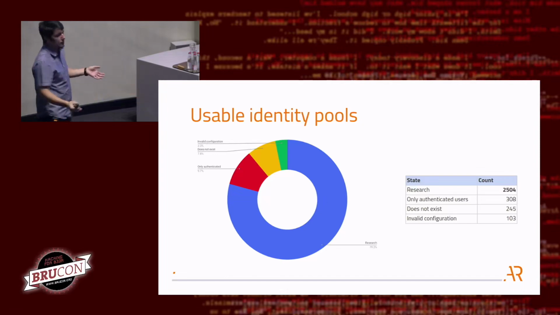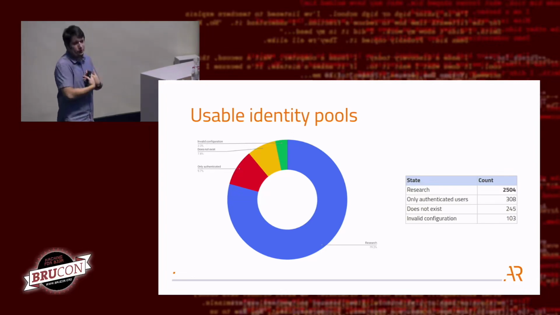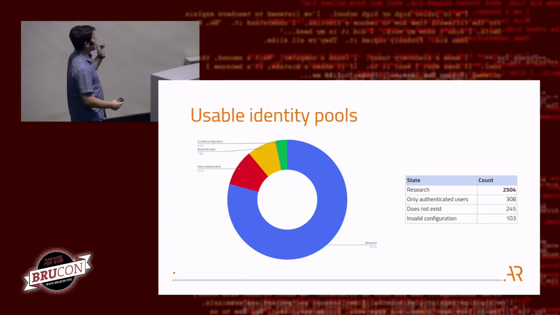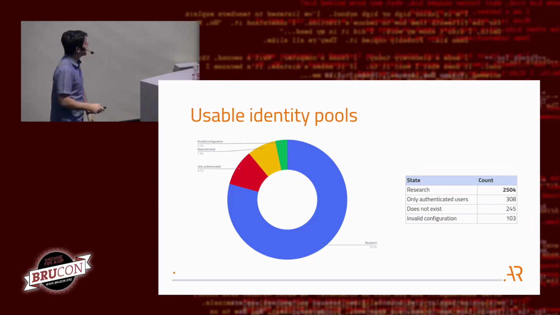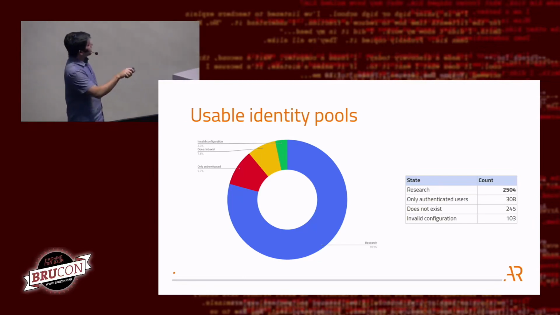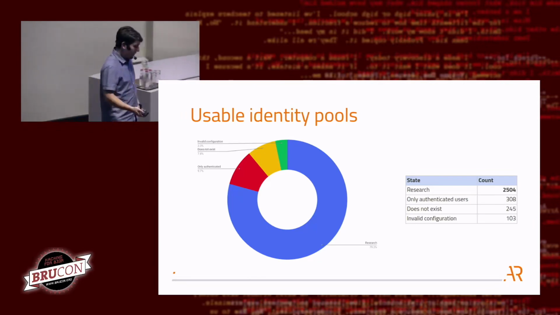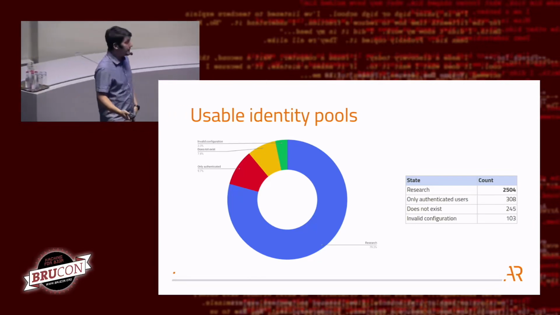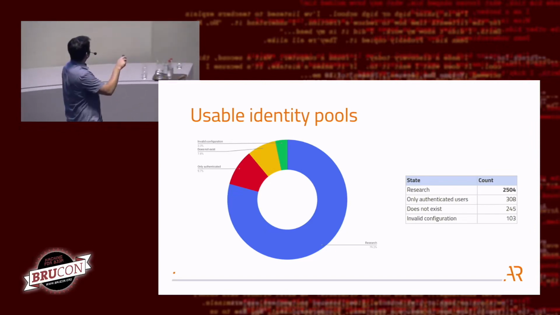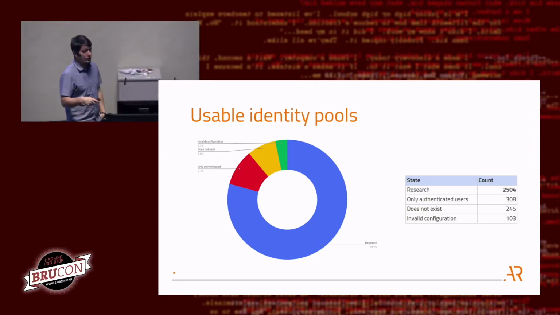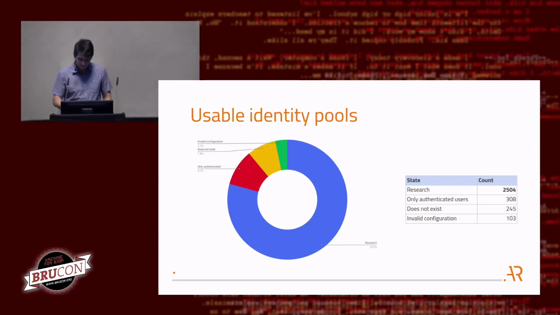It's unusable for me and it's unusable for the real users of this Cognito identity pool. And around 300 only allowed authenticated roles. The good thing is that 2,500 did allow unauthenticated access.